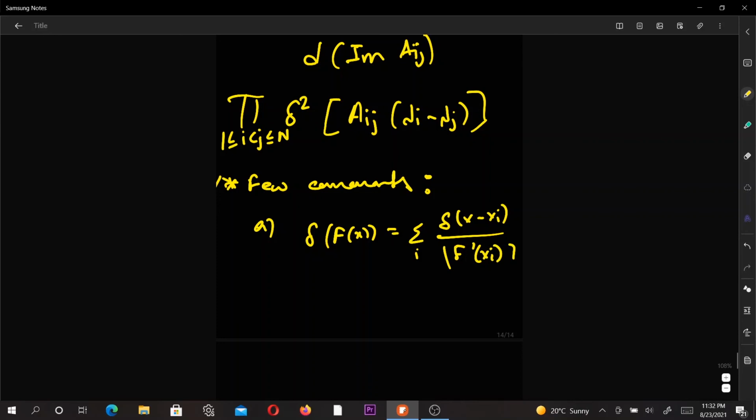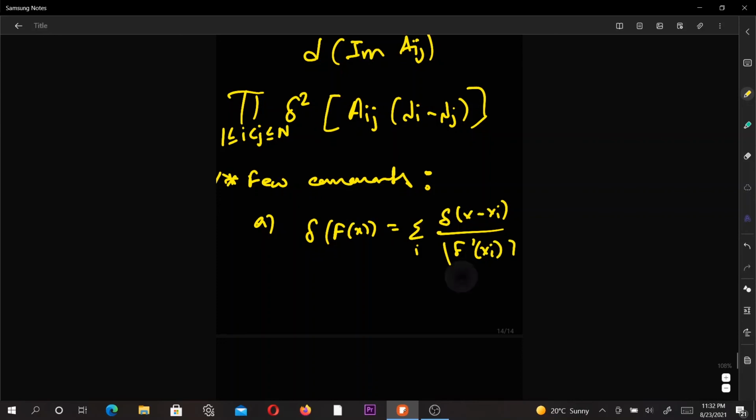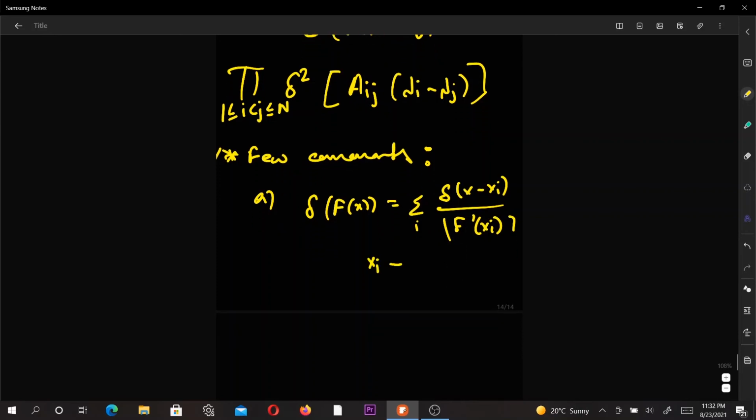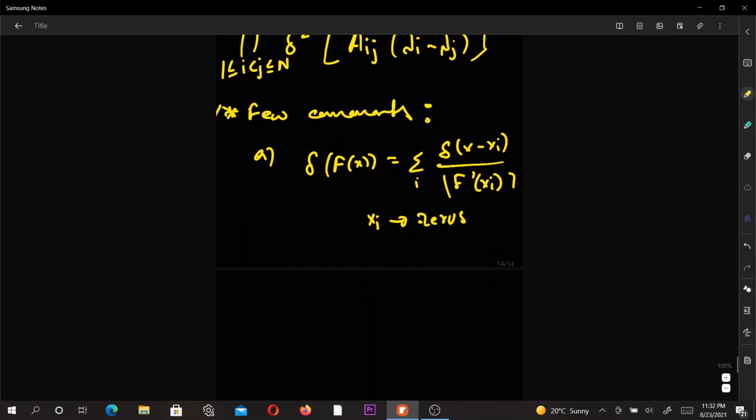Here xi are the zeros or roots of the function f. For example, if you have sine x as f of x, what are your roots? They are 0, 2 pi, and so on. That is, when f of x equals 0, what values make f of x equal to 0? Those are the roots.